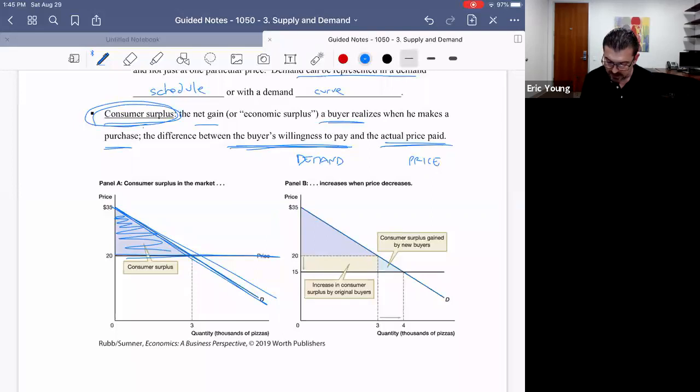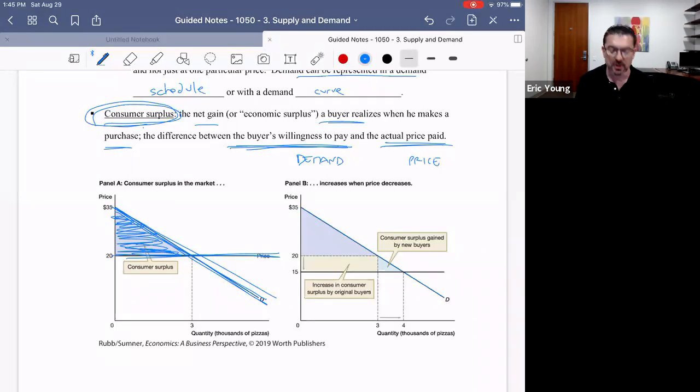Consumer surplus is the difference between what you're willing to pay, which is the demand curve, and what you actually pay, which is the price. And therefore, graphically, the consumer surplus is equal to this triangle under demand and above price. Note that we can measure consumer surplus simply through the graphical triangle. I can just say, show me the consumer surplus, and you would just shade this in.